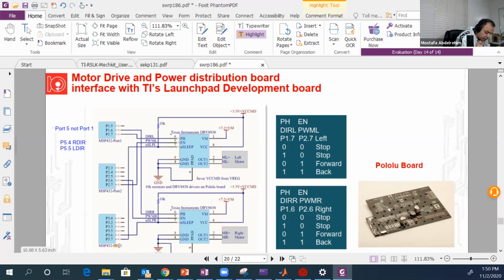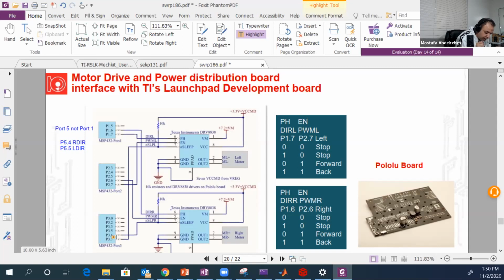And finally, the sleep pins, which are pin 7 in both chips here. These two pins are connected to two pins in port 3, pin 3.6 and pin 3.7.